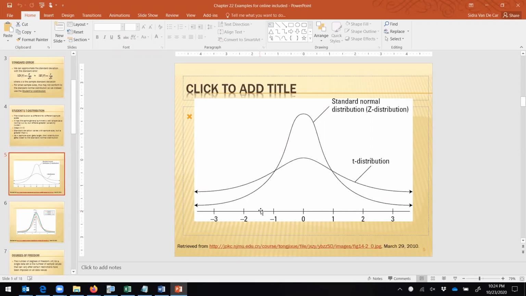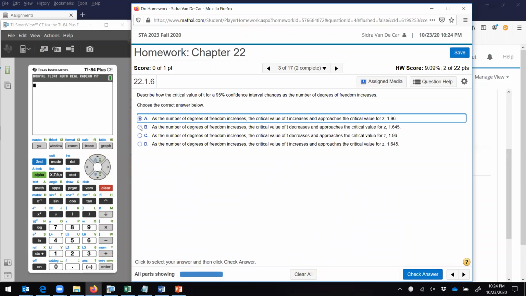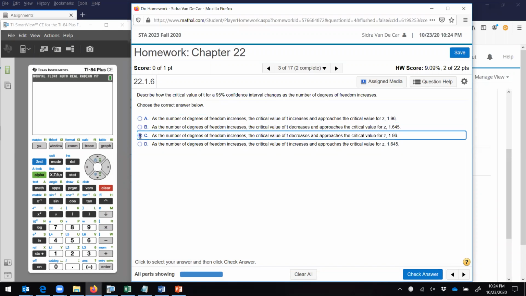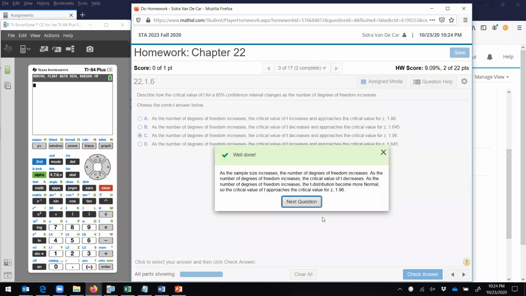My t value would be backing up towards the normal curve as it gets higher. That means that critical value would be decreasing. Okay, and then for a 95% confidence interval, the z should be 1.96, not 1.645. So it should be answer C here.